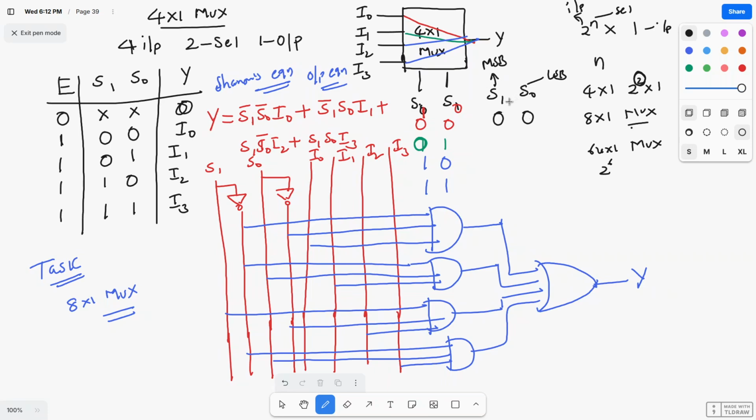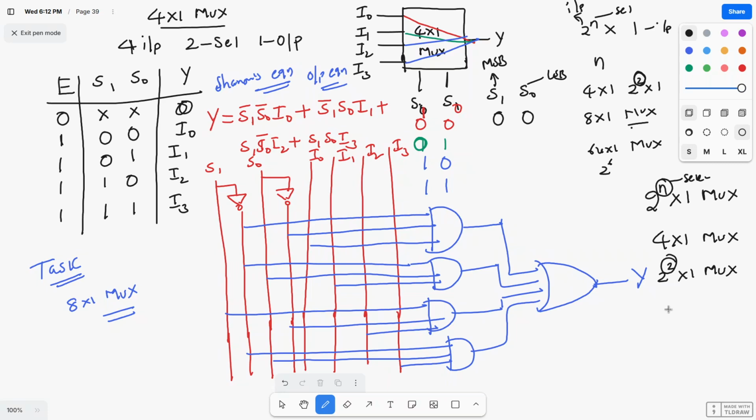The number of selection lines in general follows from 2 power n cross 1 MUX. So for a 4 cross 1 MUX, which is 2 power 2, there are 2 selection lines.